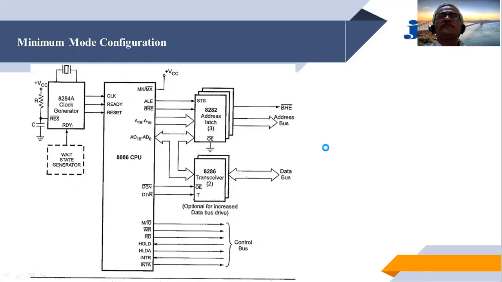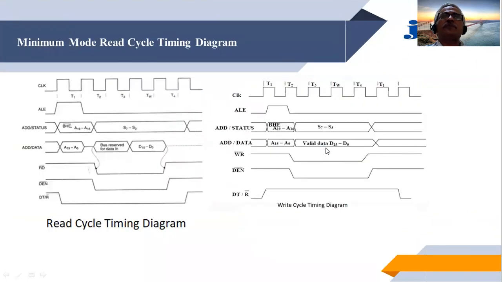Coming to the timing diagram of the minimum mode, there are 2 figures, one for the read cycle timing diagram, another for the write cycle timing diagram. What do you see in the read cycle timing diagram? We have the different T states at the top, where a machine cycle can have more than one T state.